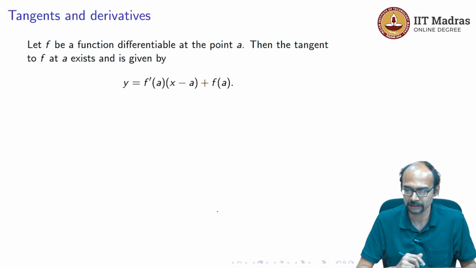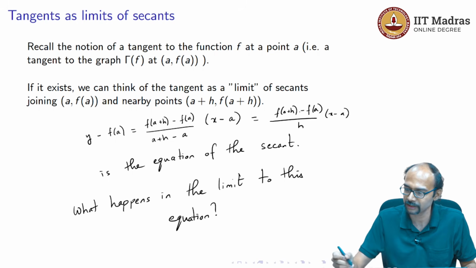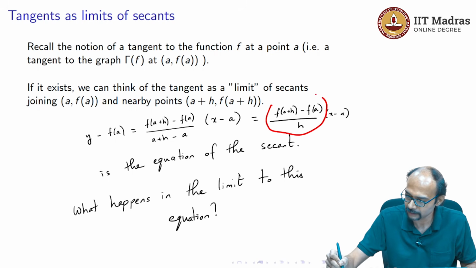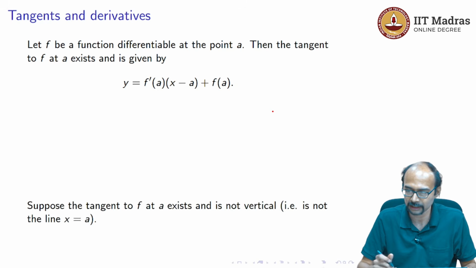Yeah, that expression in the previous slide, let's just look at that again. This is the expression, y minus f of a is f of a plus h minus f of a divided by h. So this expression here in the limit becomes f prime a, and then the rest is exactly what we had.